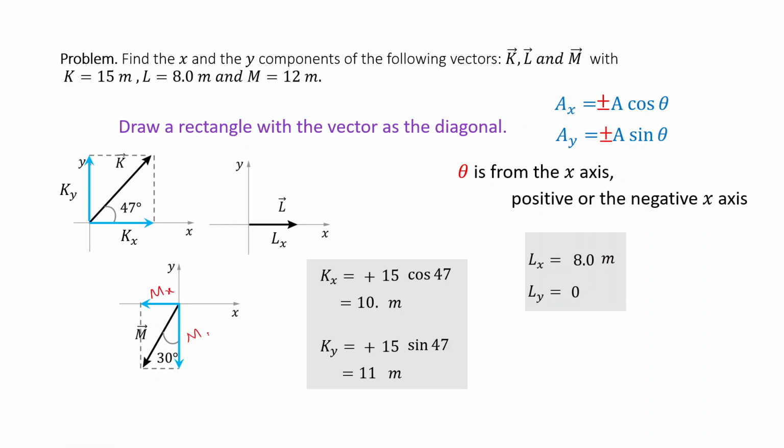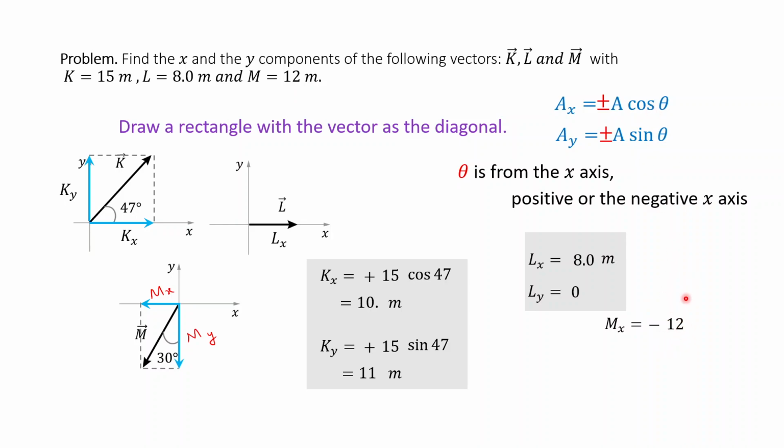This is my. Now look at the direction of this vector. This points to the negative x direction. So you need to put a minus sign. Now put the magnitude. The magnitude of this vector is 12 meter. Put the 12.